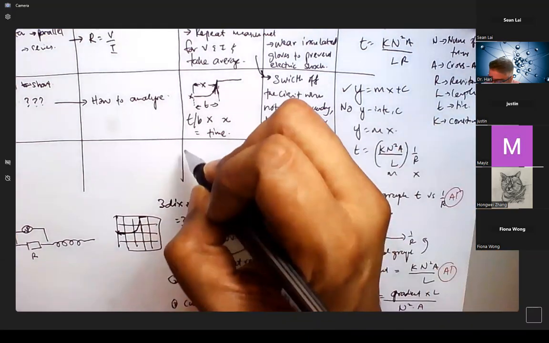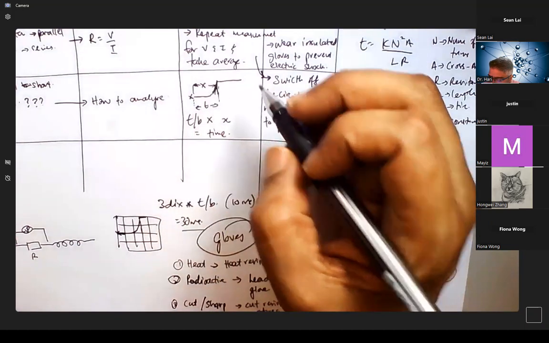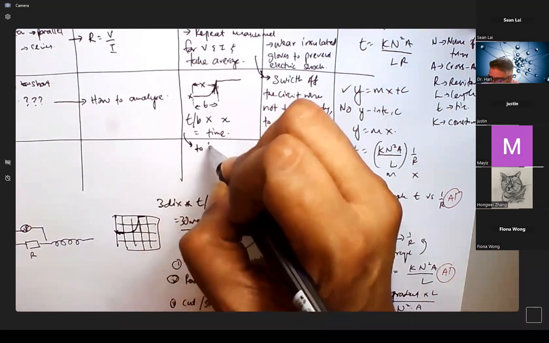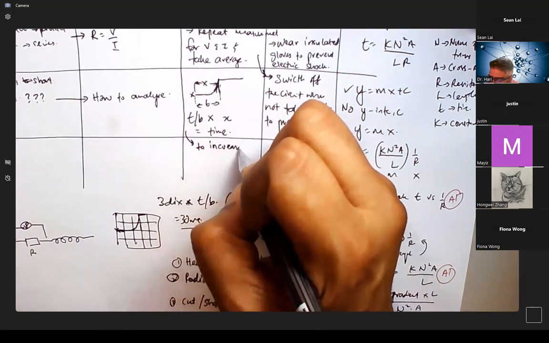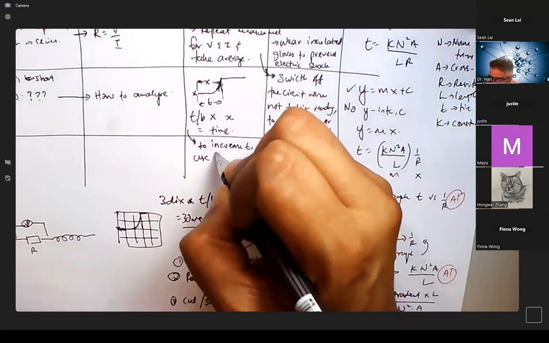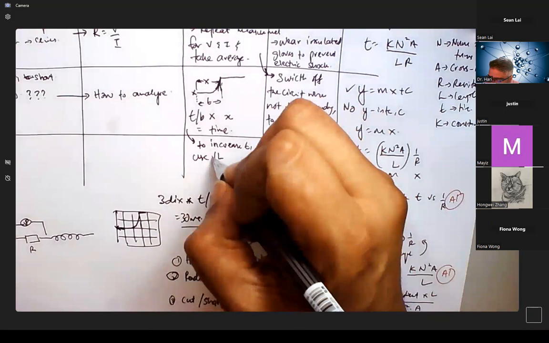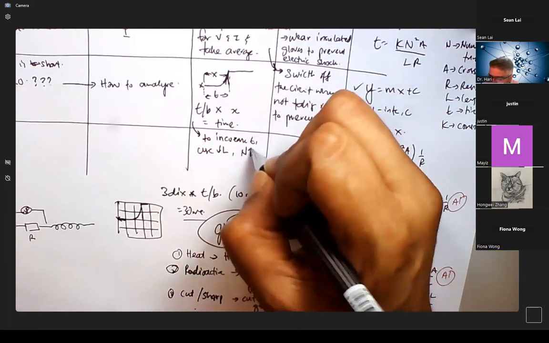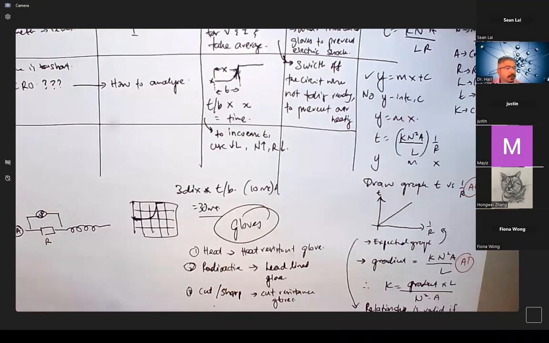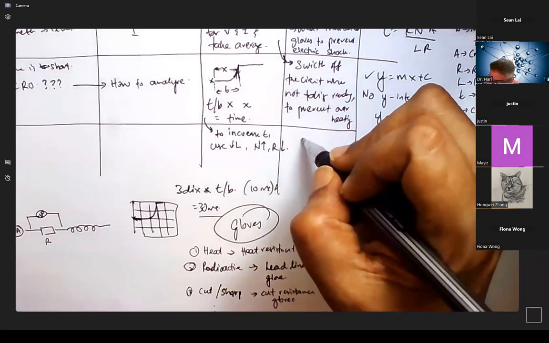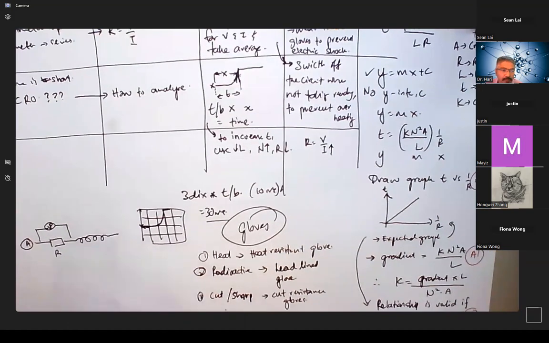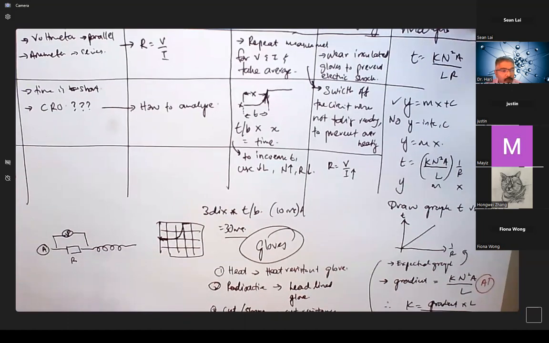So under additional detail, we can suggest that to increase T, use a shorter length, increase the number of turns, or a smaller resistance, and remember, R equals V over I. You can also use a large current. This also scores marks.